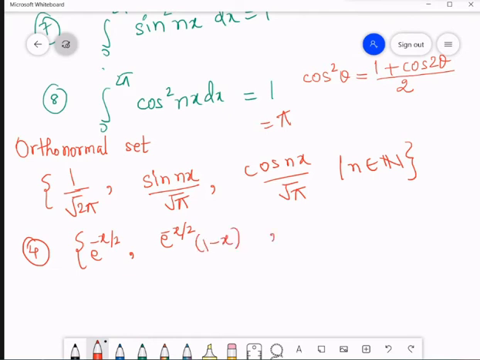Now the third one is nothing but 1 by 2 times (x square minus 4x plus 2) e raised to minus x by 2. Whether this turns out to be an orthonormal set or not, and the interval is from 0 to infinity.